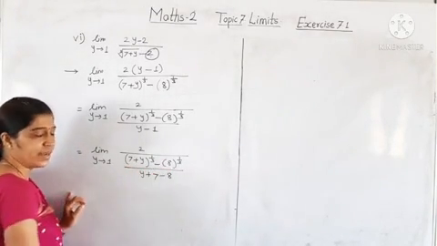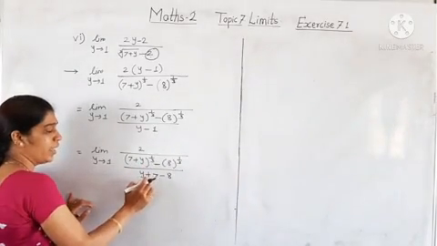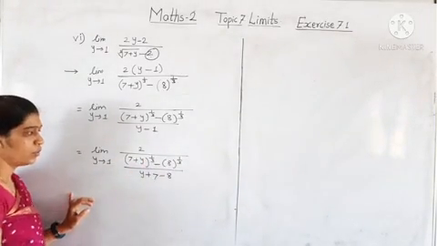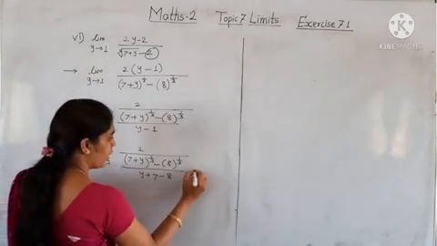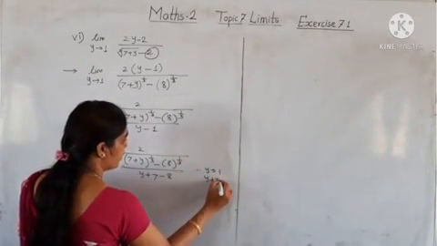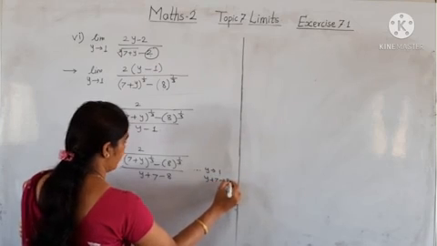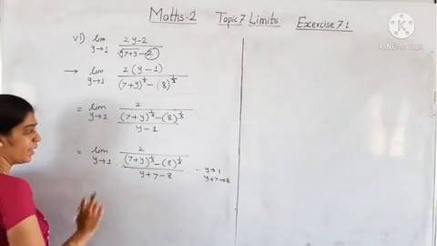Because I want here y plus 7 and here 8. Means this is of the form x raised to n minus a raised to n upon x minus a. As y tends to 1, y plus 7 tends to 8. At the denominator apply the limit.